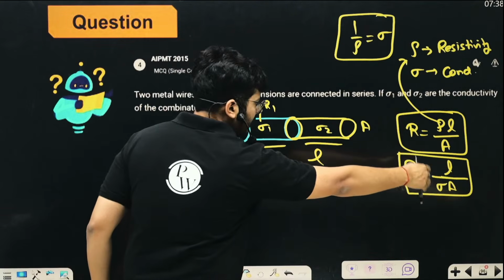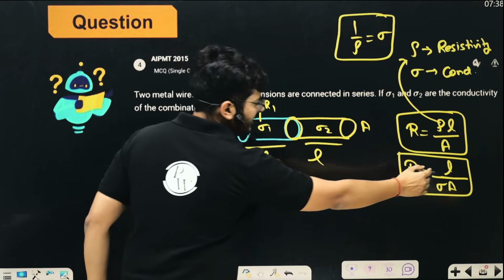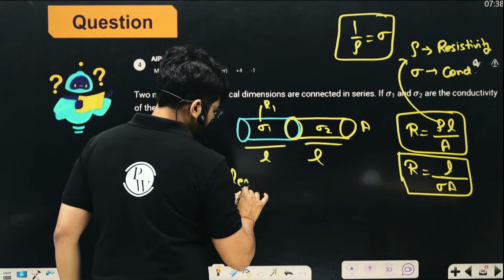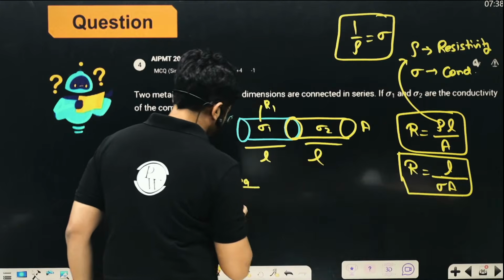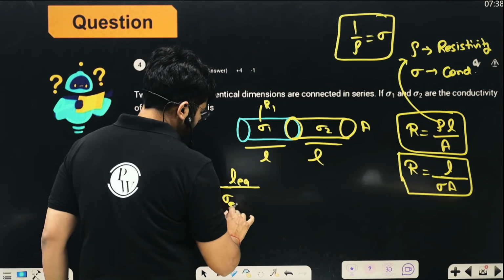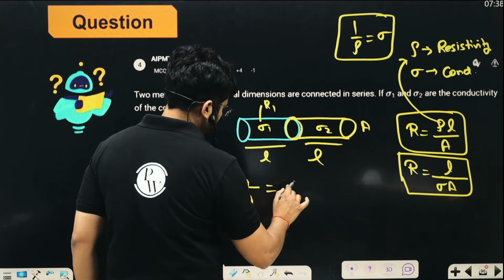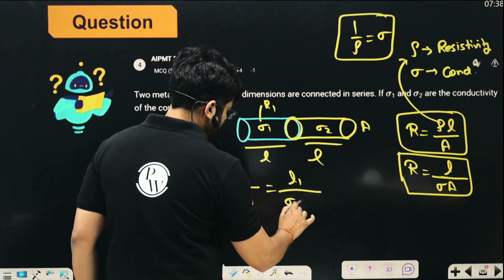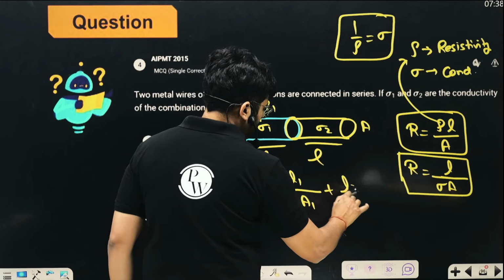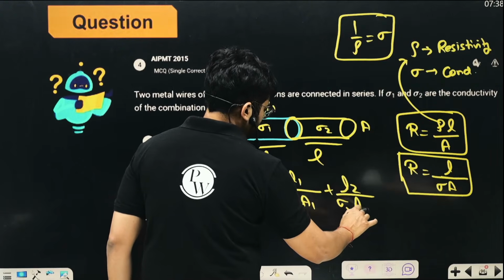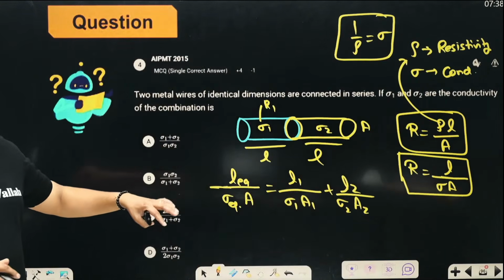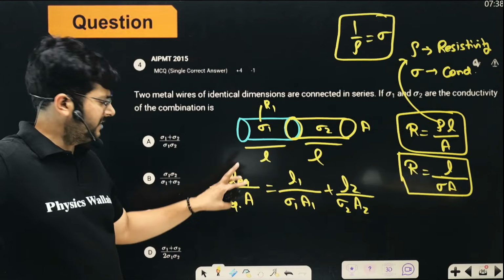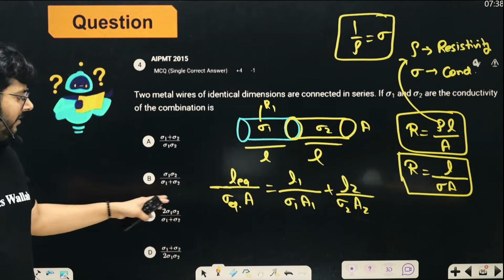Let's say for the equivalent length, L equivalent upon sigma equivalent for the net thing, and area is this. This is going to be L1 upon sigma 1 A1 plus L2 upon sigma 2 A2, right? Basically we have done the same stuff, we just reversed it.